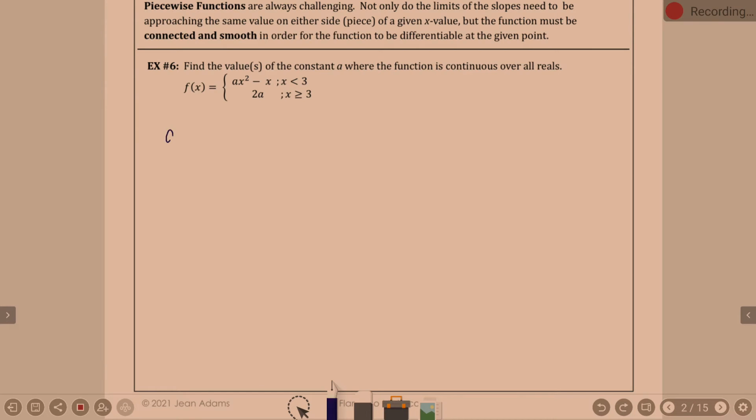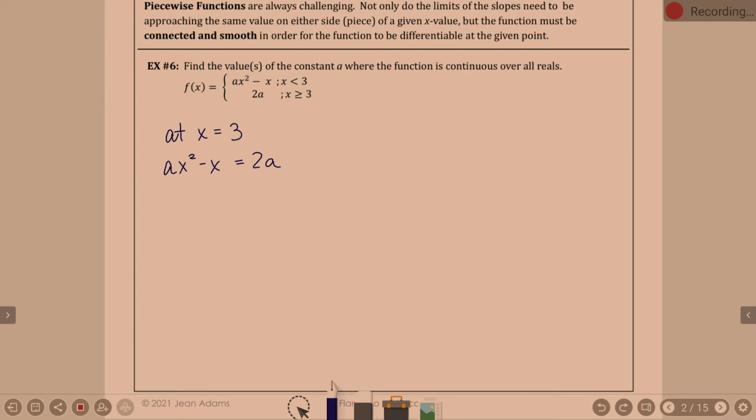So our big issue is at x equals 3. Now, it is ax squared minus x equaling 2a. That's the left and the right, right? We're just trying to show, first of all, it has to be continuous. Well, this didn't even say anything about differentiability, did it? It just talked about continuous.